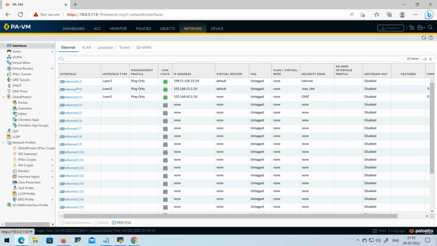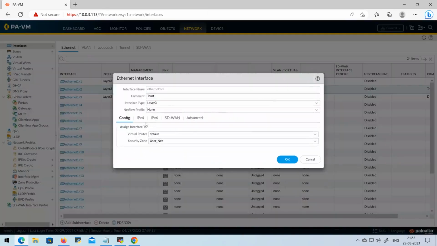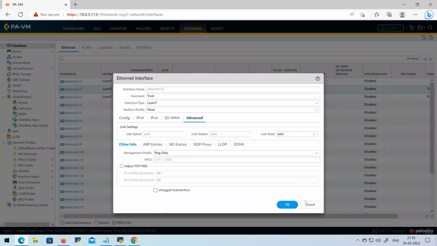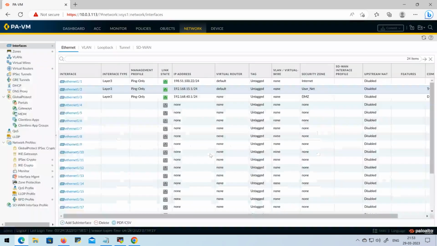If we go inside it, I didn't touch anything. It was pinging yesterday. In advance, the ping profile is there. What is happening? Why did it happen?